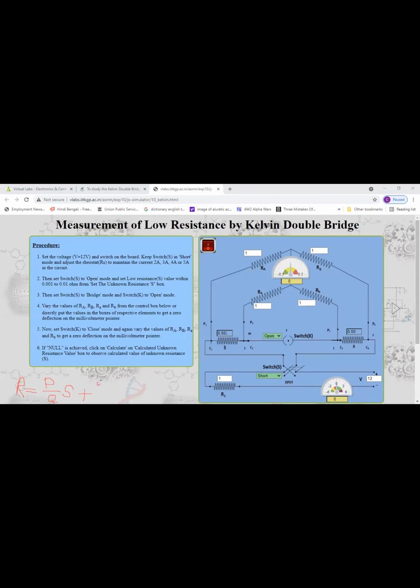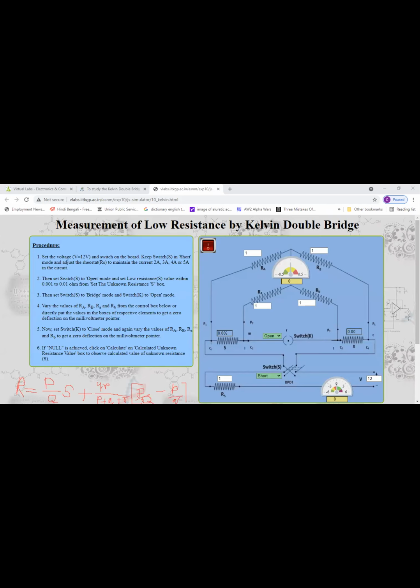This is another portion: small q into small r, divided by small p plus small q plus small r, and then it is multiplied with capital P by capital Q minus small p divided by small q.